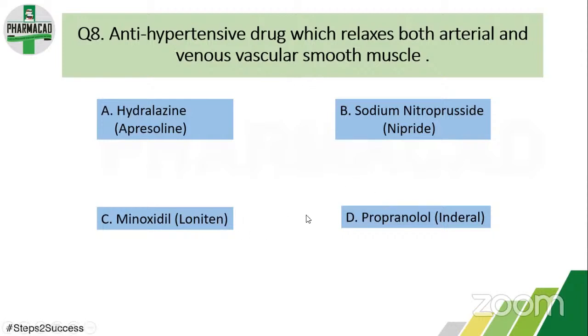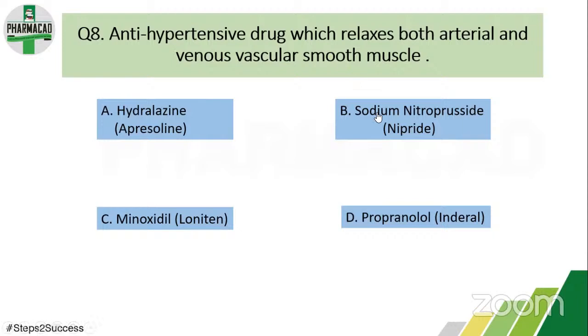That is minoxidil. If you know, it does not belong to venous vasodilators. And the same goes with propranolol. It belongs to the beta blocker class and does not belong to vasodilators. So we have two options left, that is A and B, hydralazine and sodium nitroprusside.